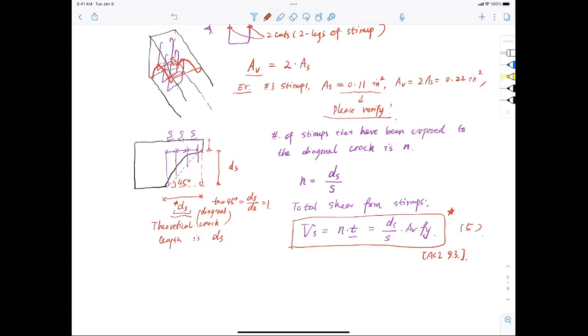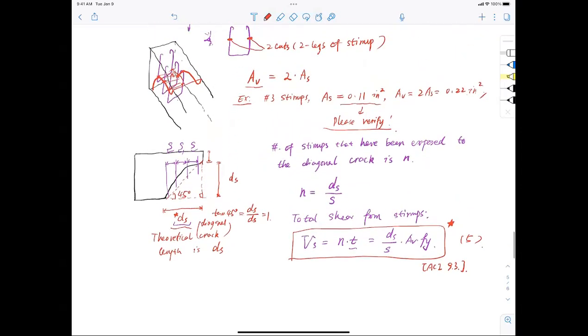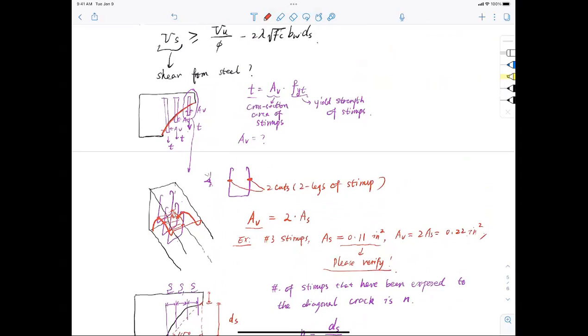So I'm pretty much done. Today I will continue tomorrow with inclined stirrups. But today you know that for vertical stirrups, and note that all these are vertical stirrups, meaning the stirrups are straight.